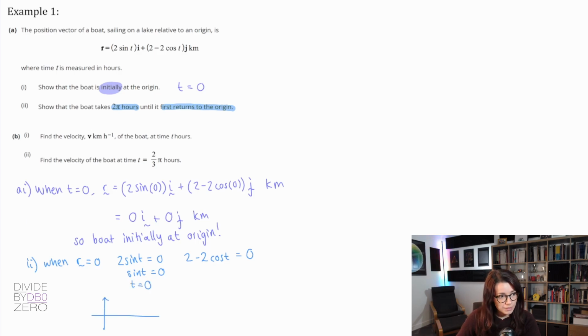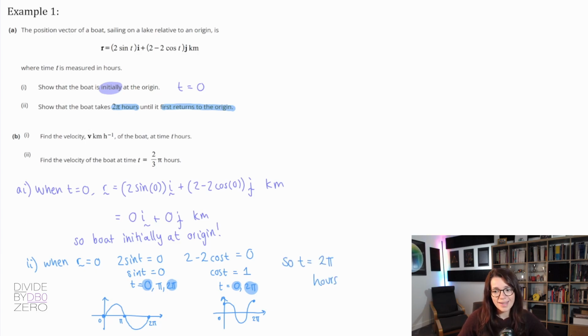And then if you think about it, on the sine graph, it would also be 0 at pi and 2 pi. For this equation, if you rearrange, you get cos t is equal to 1. Therefore, t would be 0 and also 2 pi. So the places where they match are at 0 and 2 pi. We already know that the particle is at the origin when t equals 0. So the other place will be when t equals 2 pi as required.